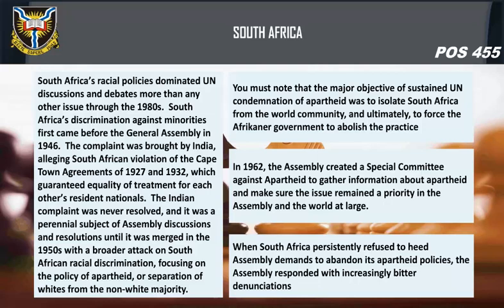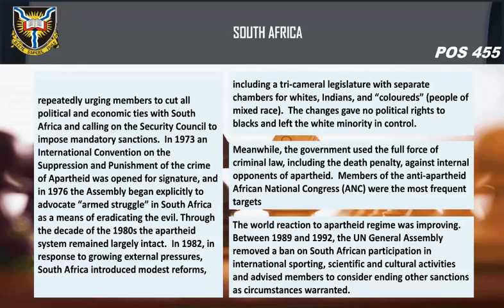When South Africa persistently refused to heed Assembly demands to abandon its apartheid policies, the Assembly responded with increasingly bitter denunciation, repeatedly urging members to cut all political and economic ties with South Africa and calling on the Security Council to impose mandatory sanctions.